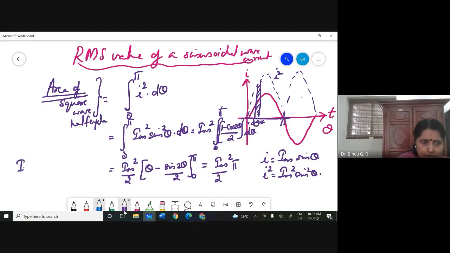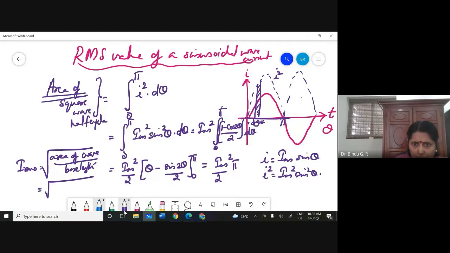IRMS will be equal to the square root of area. I think I have not put that square root in the previous slide. Area of the wave by base length. The area of the wave in one half cycle in our case is equal to the square root of whatever you got here: Im squared by 2 into pi, divided by the base length, which is only 0 to pi.